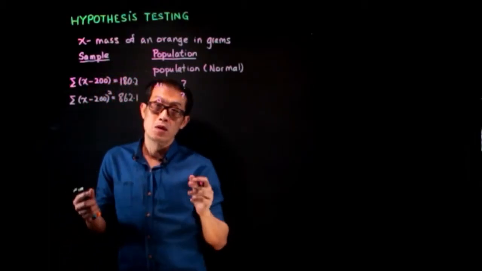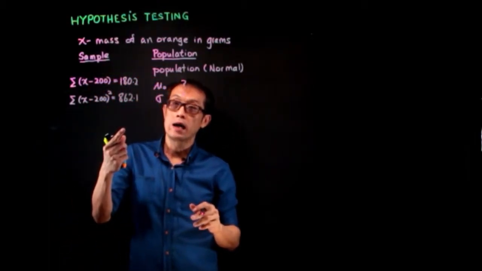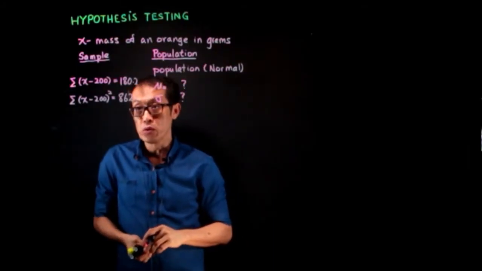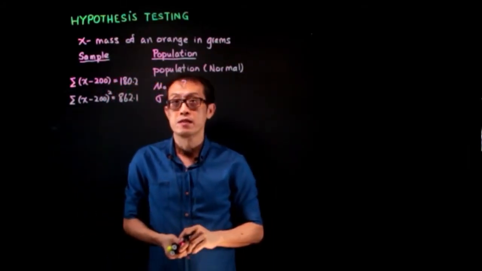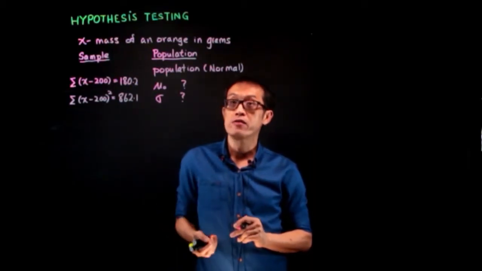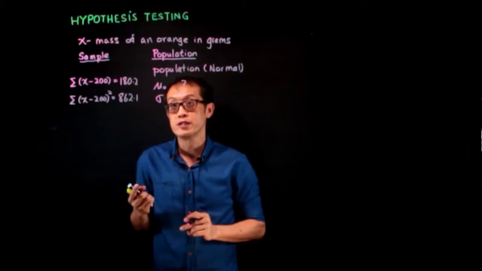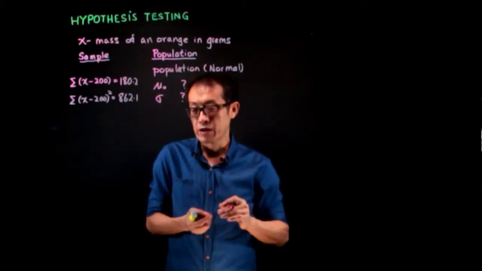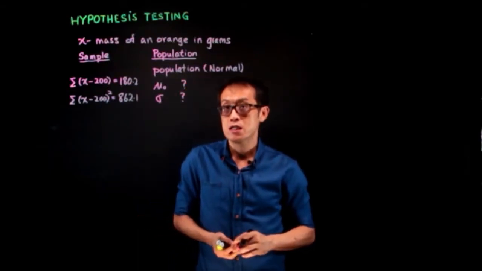Now, we are asked to find the least value of mu such that the null hypothesis is rejected at 5% level of significance.